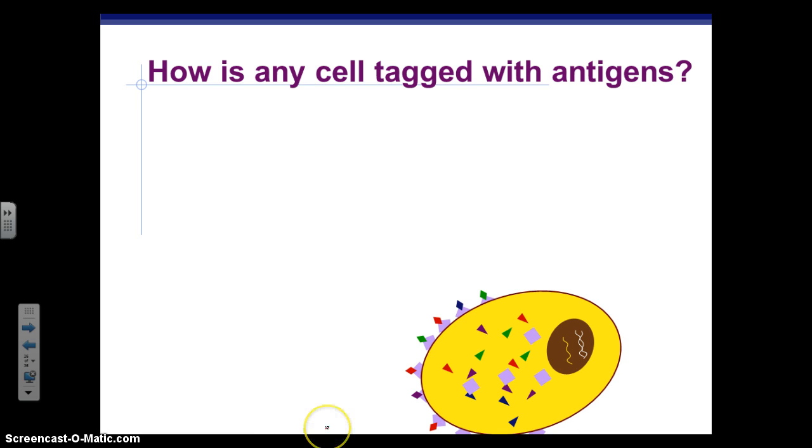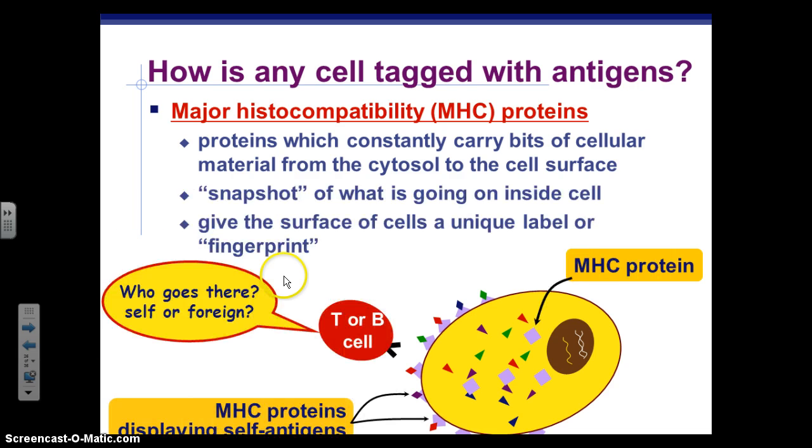Okay. So important for the T cells is that almost every cell has on it these major histocompatibility proteins located on their cell membrane.